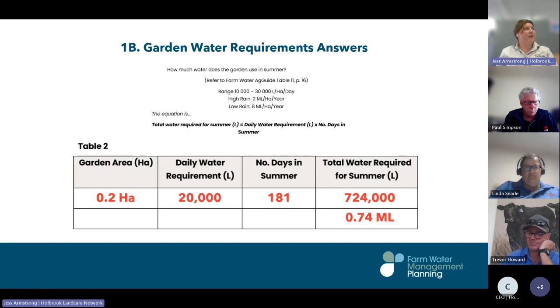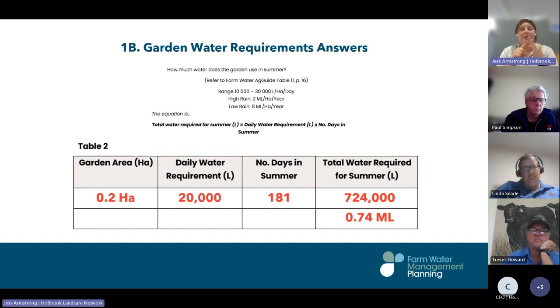Here's our worked example. So 0.2 hectares, we need to times that by 20,000 litres and times that by 181 days.